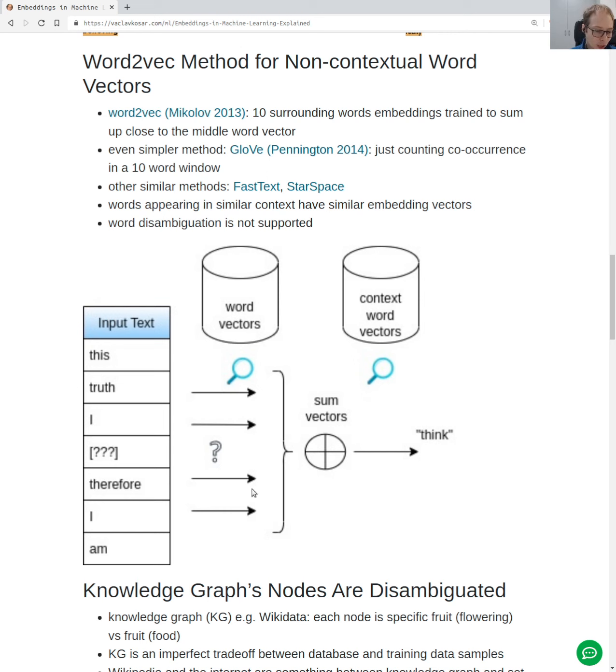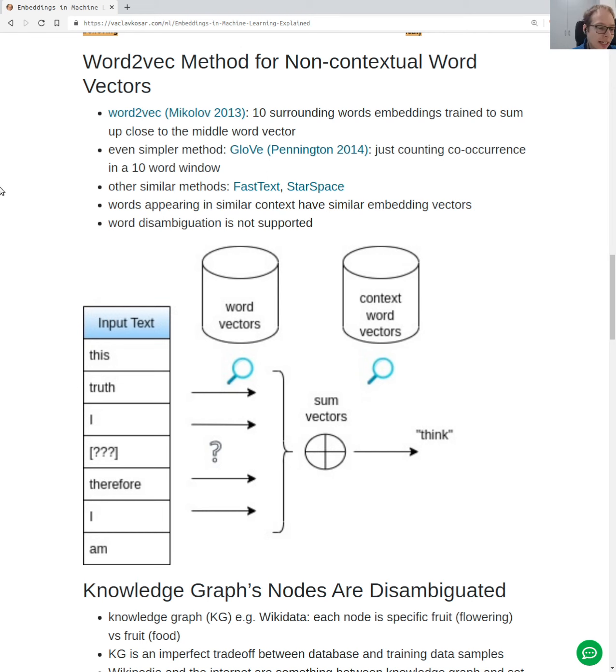I represent all other words, and I sum up their vectors, and then I require that sum to be close to the word that I pretend that I don't see. If I do this, I can actually mask the word, and if the sums are close to the vector of the word, then I can even predict the word.